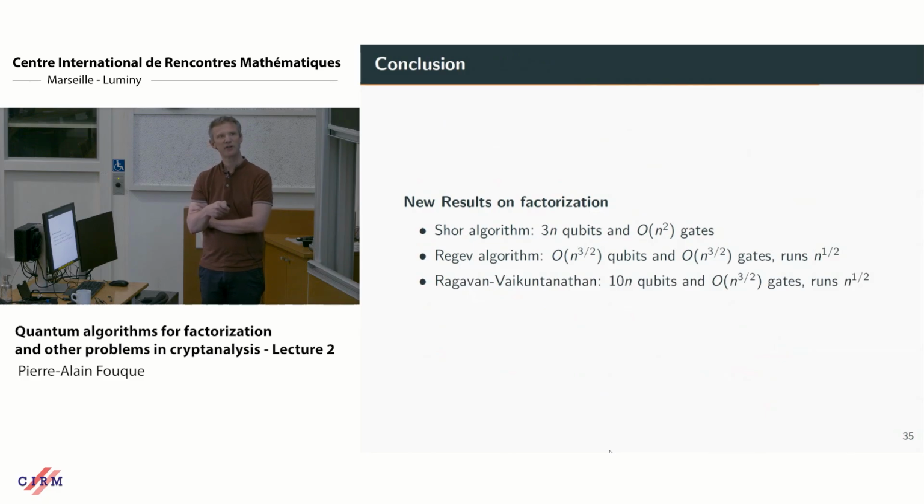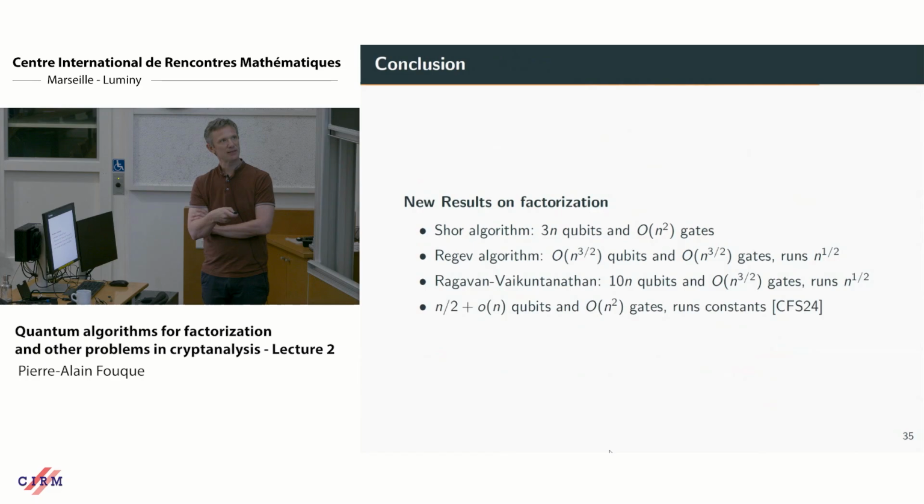The number of runs is exactly the same, but here there is a new procedure that allows you to detect when there is some error. Regev algorithm cannot afford to have any error in each of the runs. Here you can have some error sometimes, and you can correct it, so there is a filtering procedure.